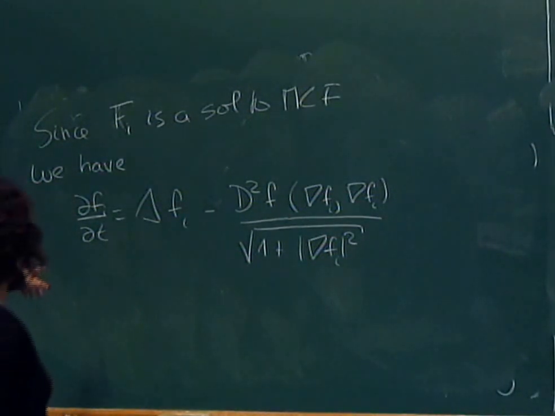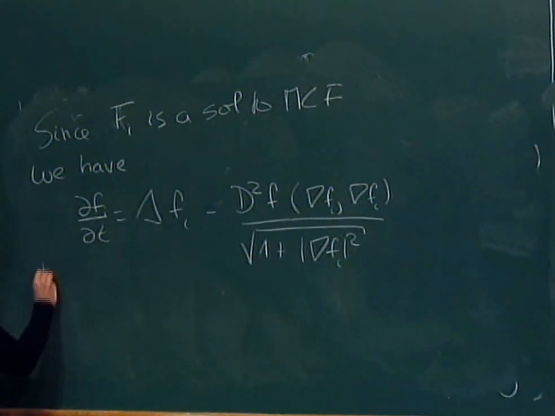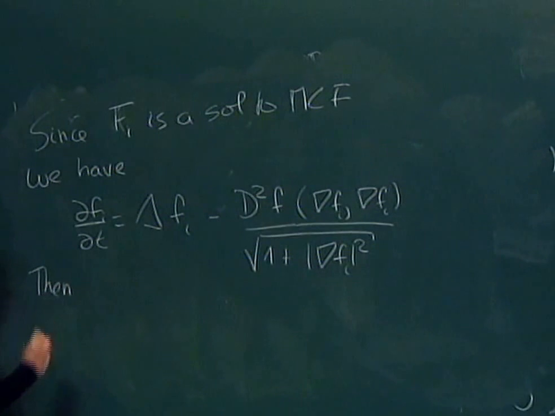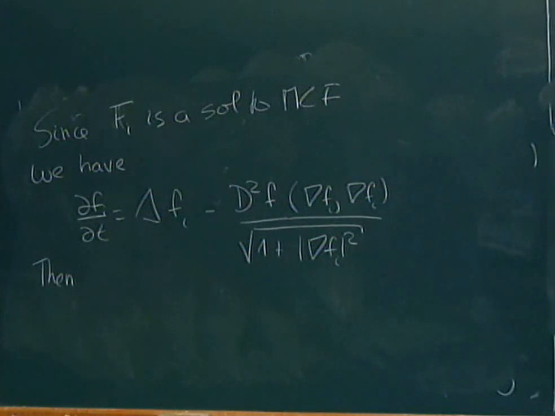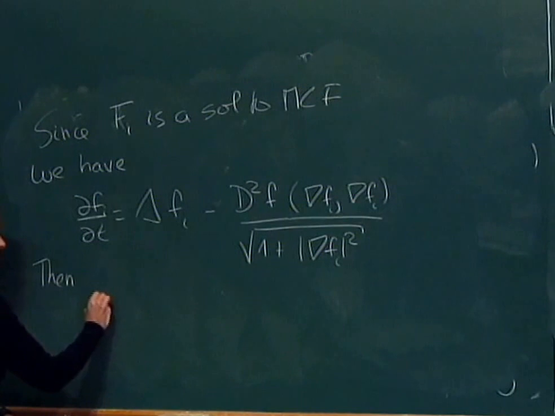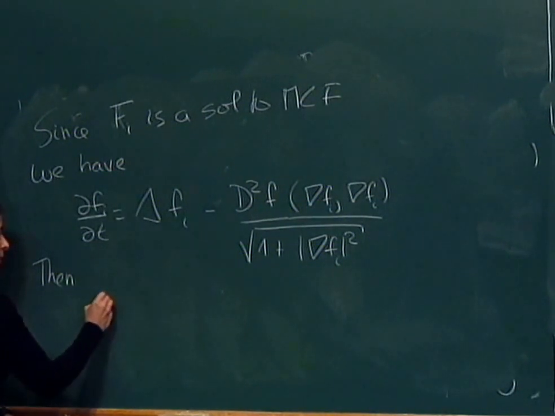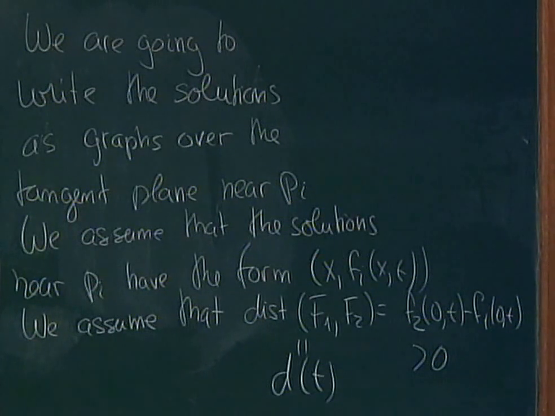Okay, so let me use this to compute what the derivative of the distance is. I'm going to call this the distance function, and I'm going to call it d of t, just not to have to write distance every time. So I'm just going to write d of t.